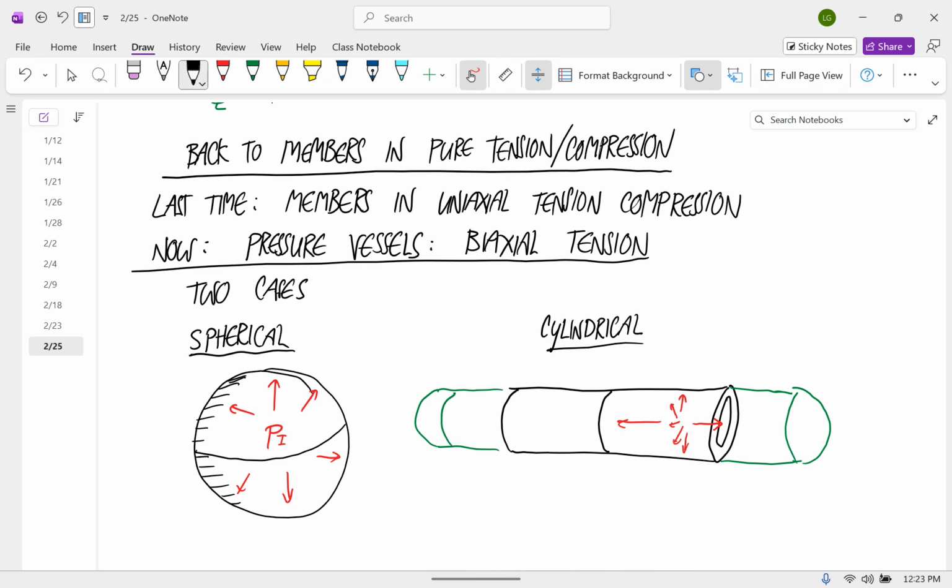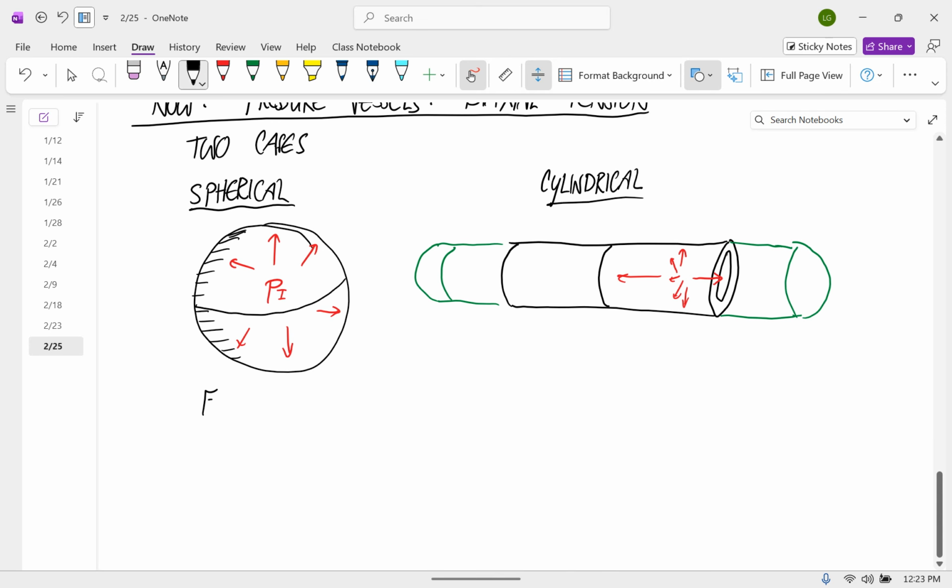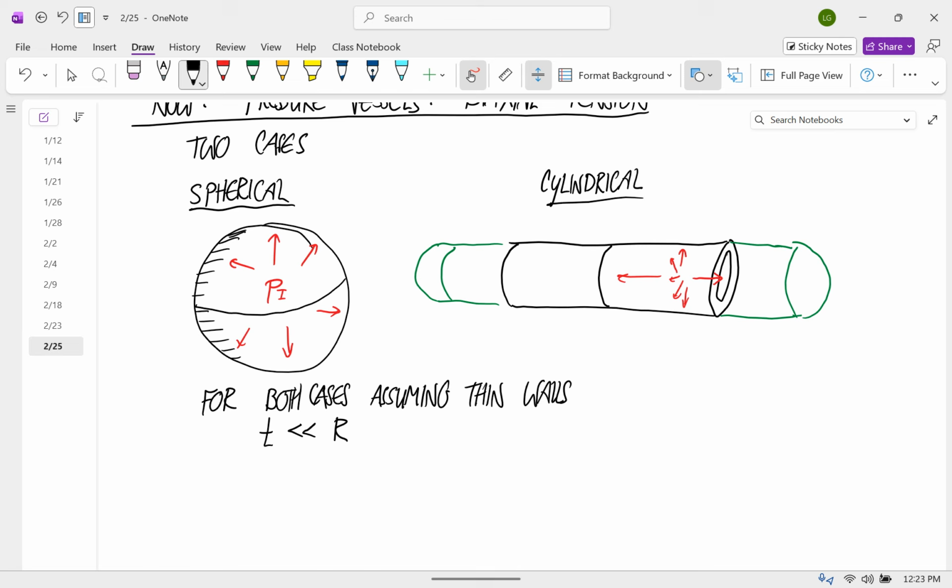For both cases, we're assuming that the walls are thin. And so what that means to us is that the thickness is much less than the radius. If you want a rule of thumb for that, let's say a factor of 10.